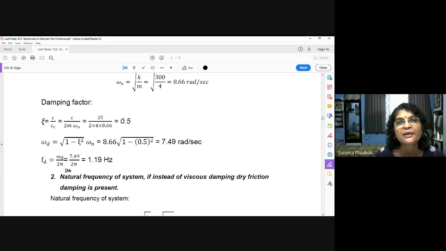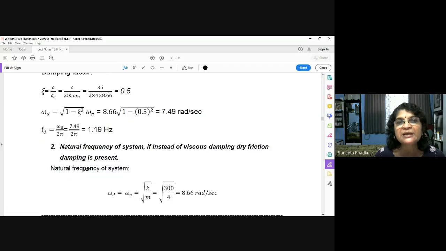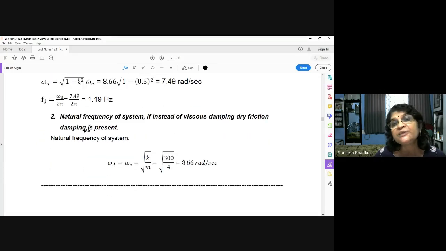Now, what is the second part? What is asked? Natural frequency of the system if instead of viscous damping, dry friction damping is present. Now we have seen the comparison in the last lecture. Whenever dry friction is there, no external viscous damping is there. But for dry friction or Coulomb damping, your system will vibrate with natural frequency only.